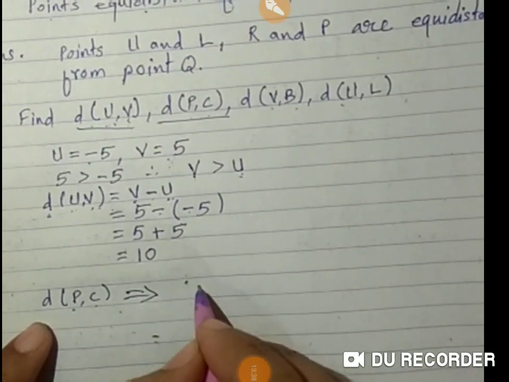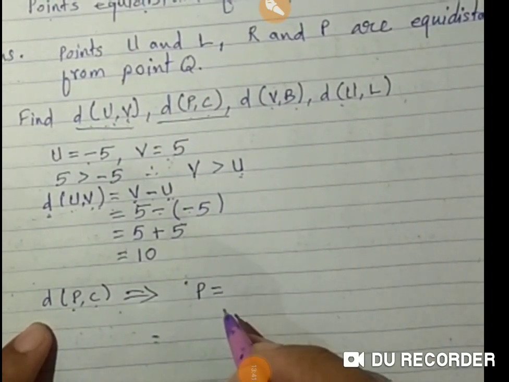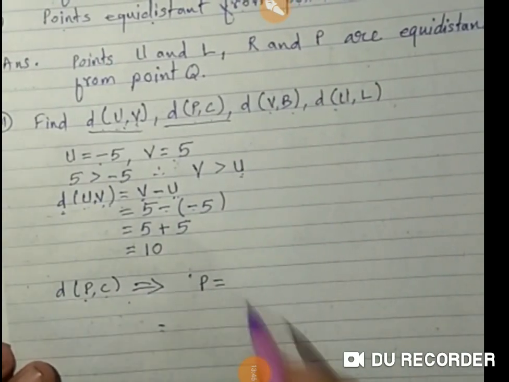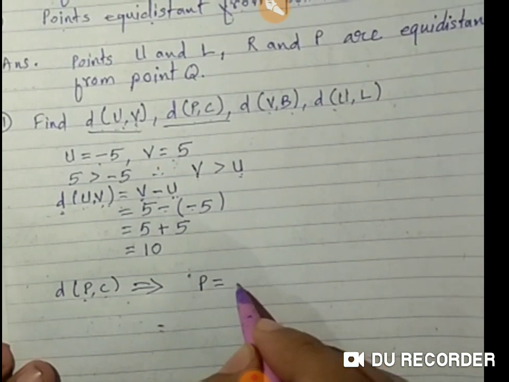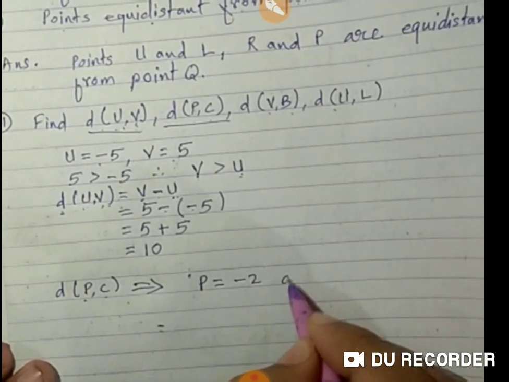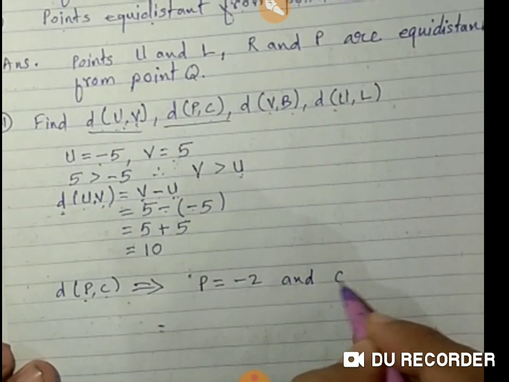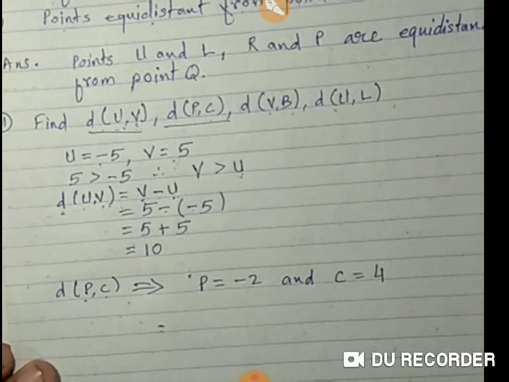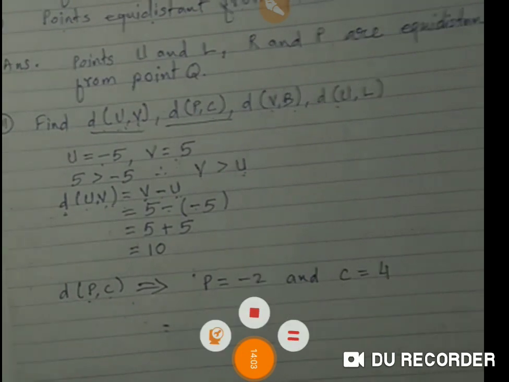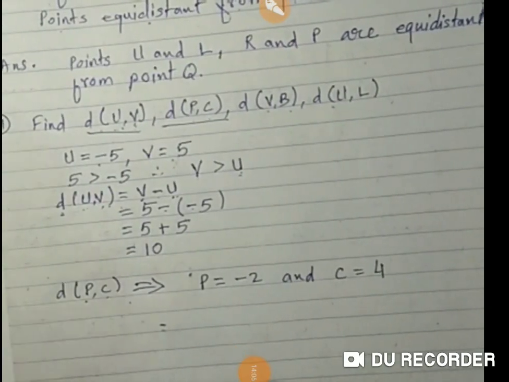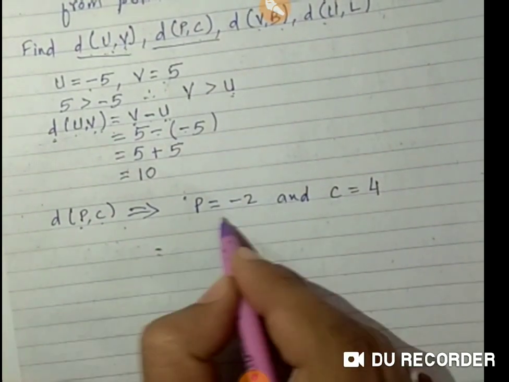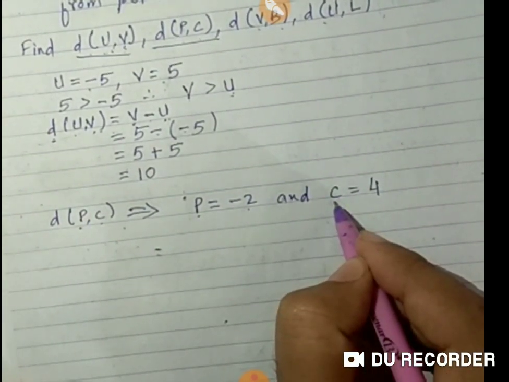So coordinate of P is -2, coordinate of C is +4.